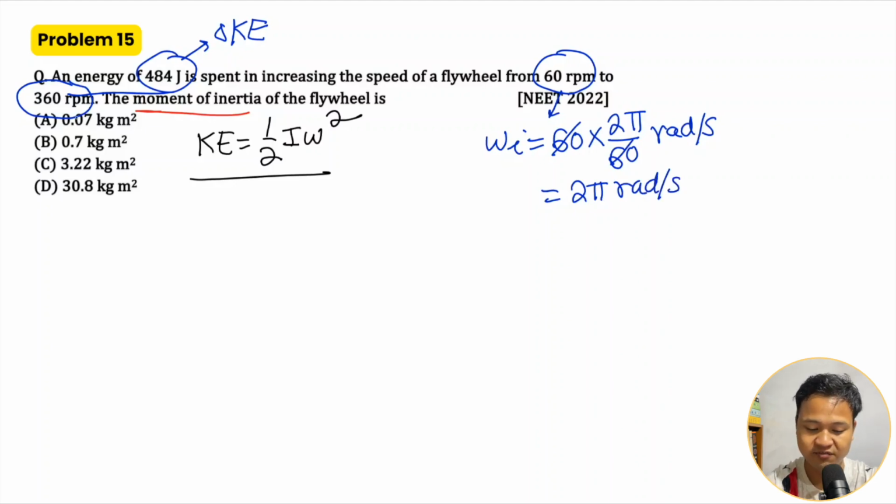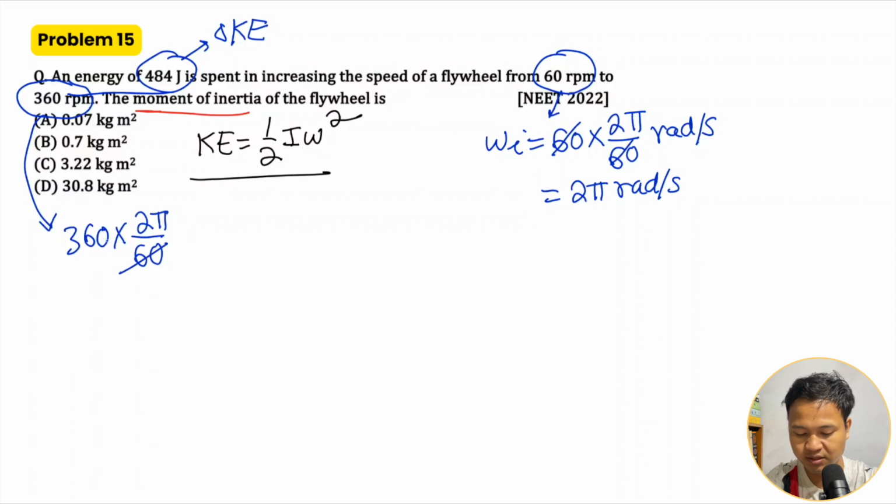Omega final is 360 into 2 pi by 60, so 6 sixes are 36, so this is 12 pi radian per second.